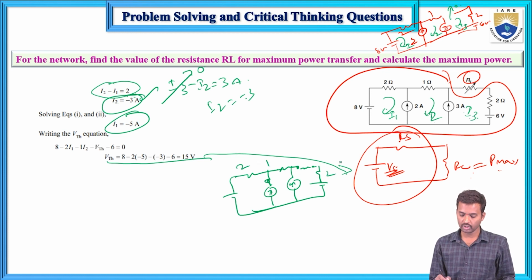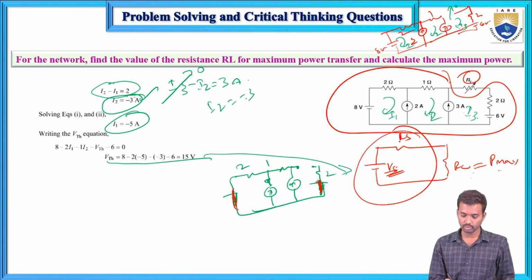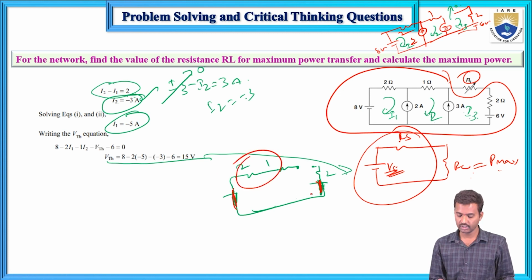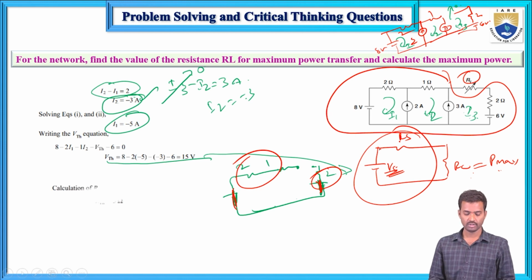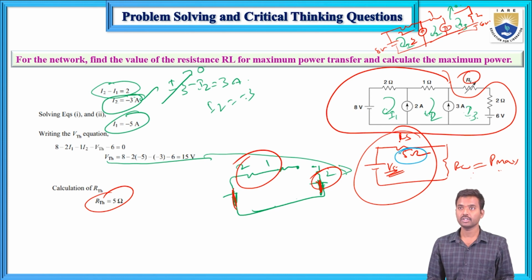The voltage source is replaced by a short circuit and the current sources are replaced by open circuits. The 2 and 1 are connected in series, and again in series with 2 plus 1, that means 5. This 5 ohm resistor is the RTH.